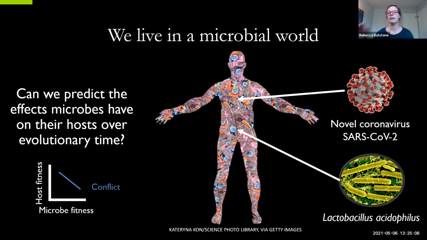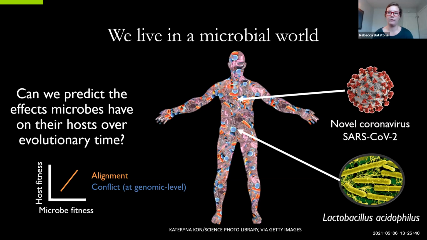For example, if coevolution between a host and microbe is driven by selection favoring one partner at the expense of the other, or in other words, fitness conflict, then these interactions will become more detrimental and break down over evolutionary time. Alternatively, if hosts and microbes co-evolve in such a way that selectively favors cooperation or fitness alignment, then these interactions are likely to become more beneficial and stable over evolutionary time.